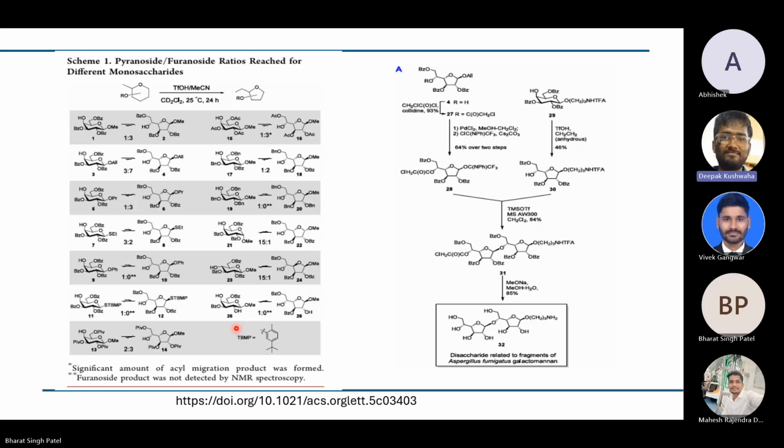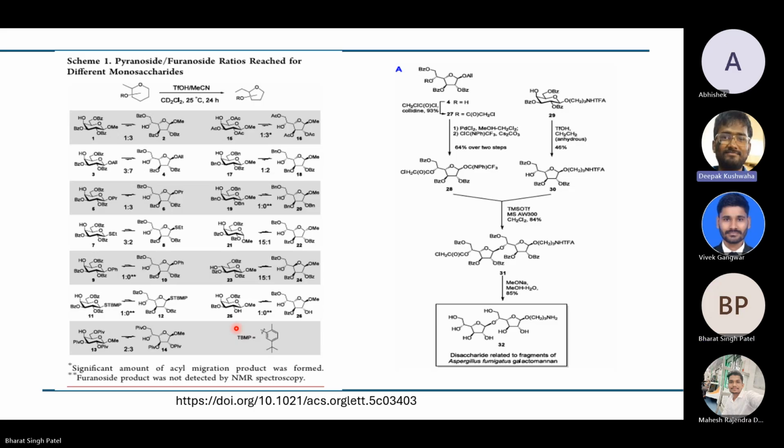In that case, they had deliberately taken the SO3 group, but in normal glycosylation, keeping just a normal protecting group is also able to give a similar product. That's why they did not follow that paper. They went with a different condition using acidic medium, because we do glycosylation in acidic medium and we see the furanose formation in acidic medium. So they undertook acidic medium with the protecting group.